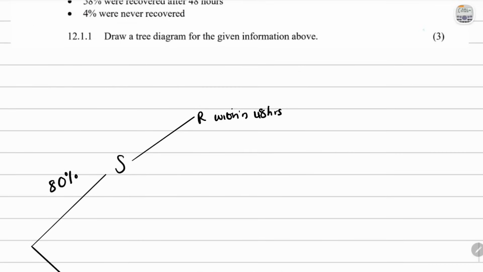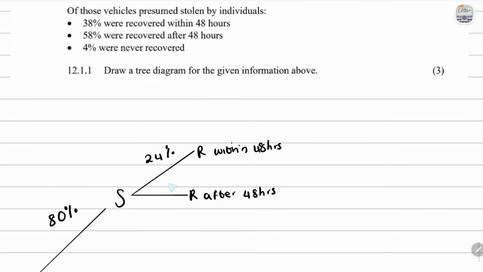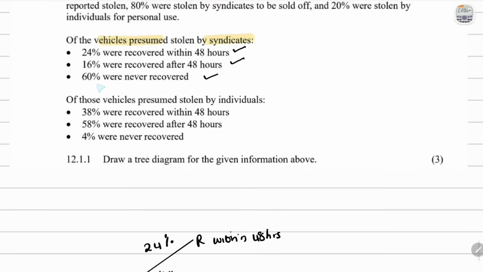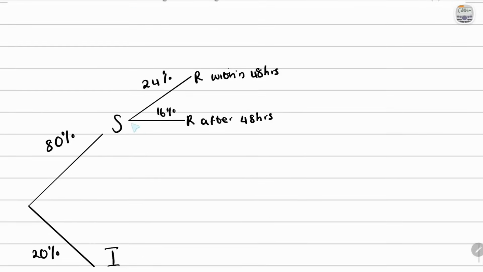So we'll put that there. And then that it was recovered after 48 hours is 16%. And then that it was never recovered would be 60%. So over here, I can just say never recovered, NR.